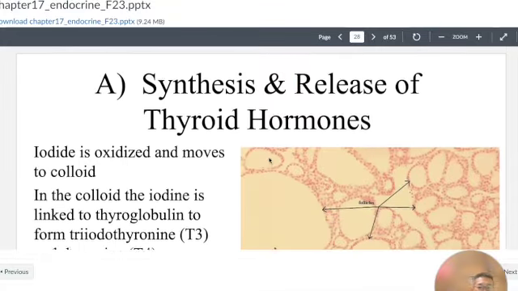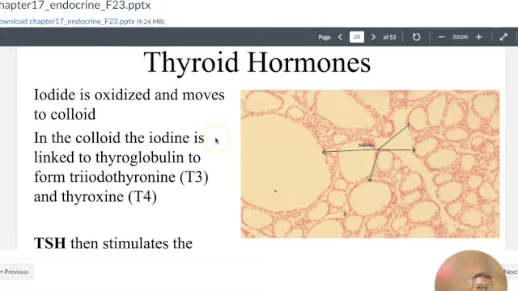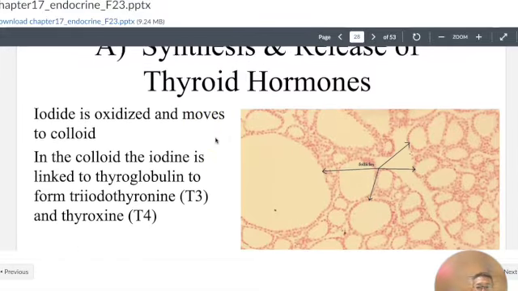So how does it work? The thyroid synthesizes and releases hormone. Of course T3 and T4 are the main things that will be made. Thyroid stimulating hormone from the pituitary gland causes iodine to be absorbed and move into the colloid.